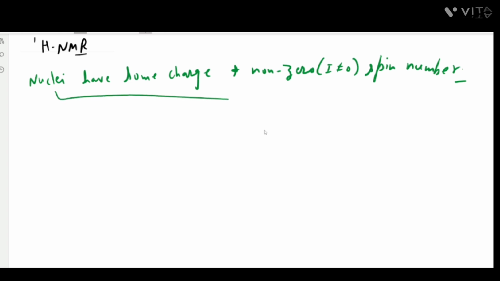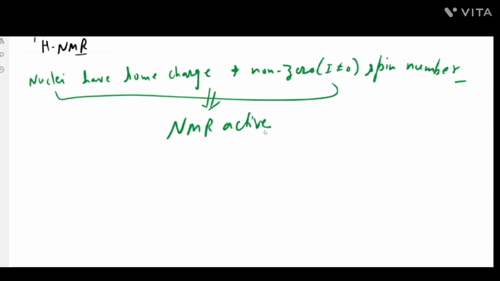It means that the molecule will be NMR active. So on the basis of nuclei, we can identify whether the molecule will be NMR active or inactive.